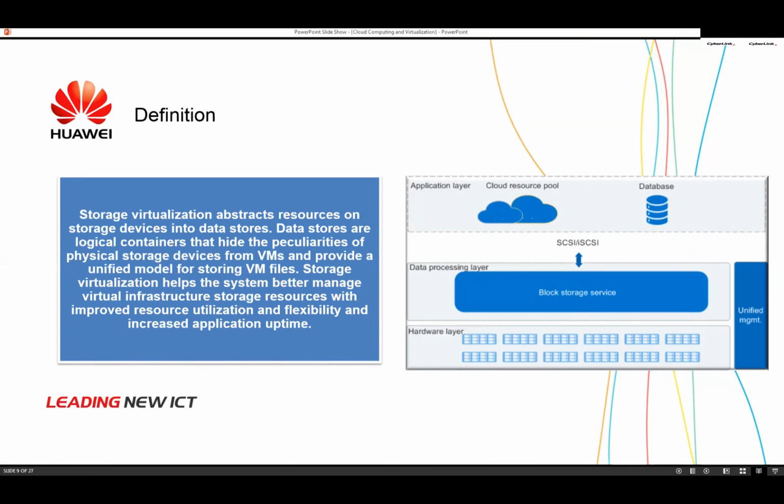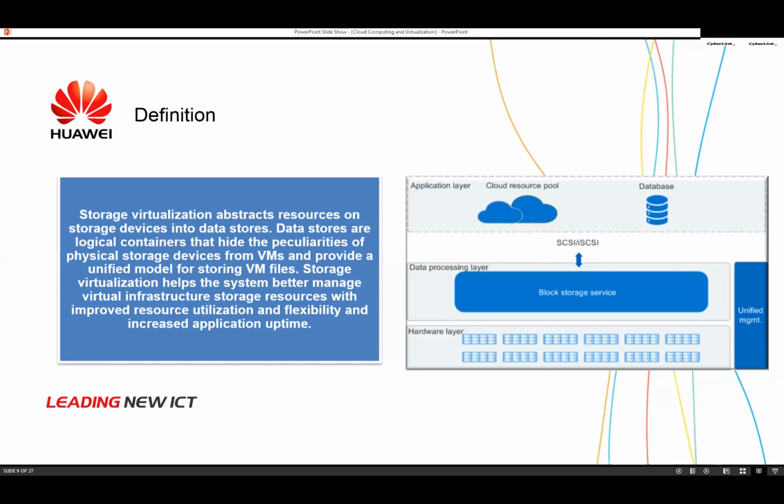This one provides block storage, distributed storage with extensive scale-up capabilities. By leveraging the storage system software, Fusion storage organizes local storage resources of servers into fully distributed storage pools and provides block storage services for upper-layer applications through SCSI or iSCSI interfaces, meeting the storage requirements of cloud resource pools and databases.